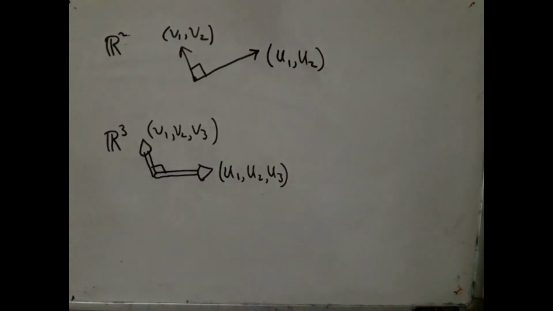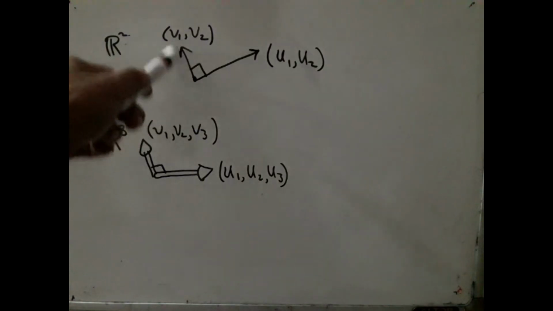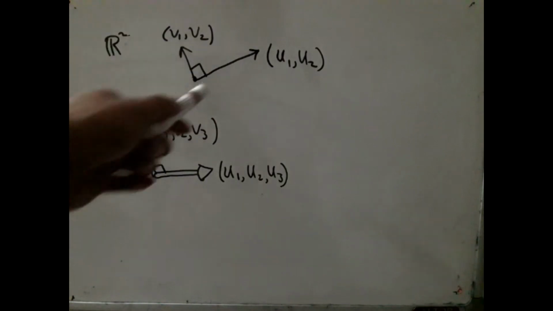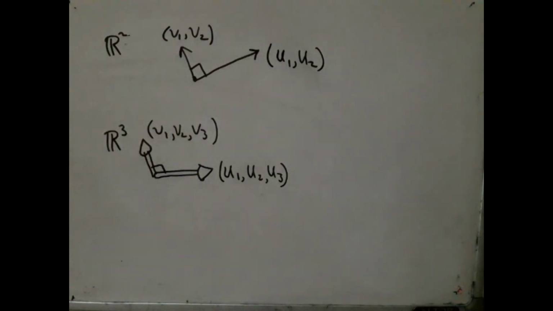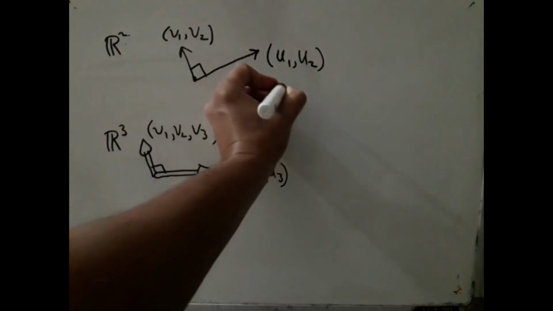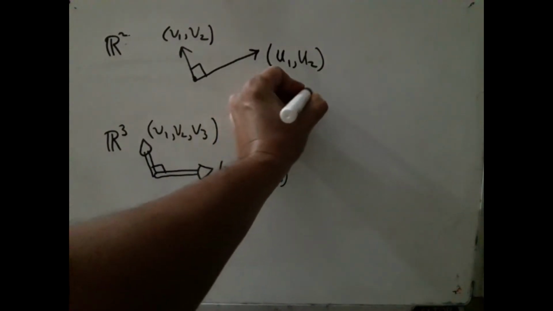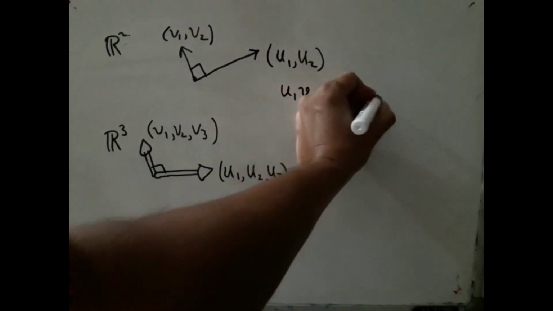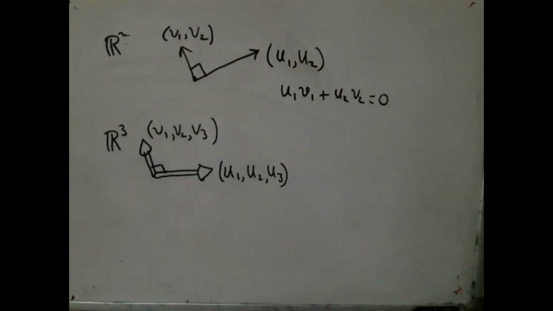Now, one fundamental concept that we use in R2 or R3 is that of two vectors being perpendicular. If I take two vectors that are perpendicular and I want to write down the algebraic condition which guarantees this, it is not difficult to see that the condition turns out to be u1 v1 plus u2 v2 equal to 0 in case of R2.